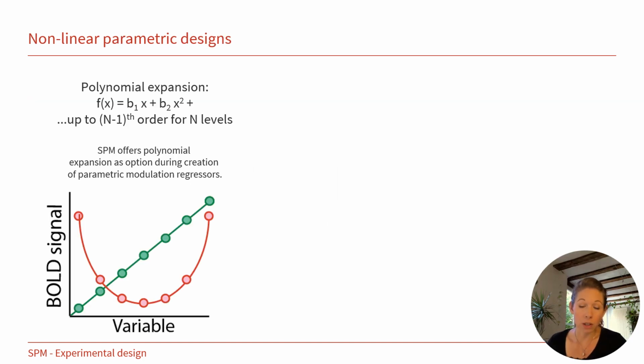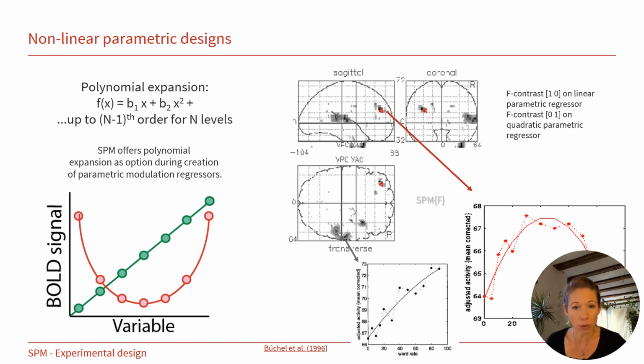So the previous example was a linear relationship. You can also test for nonlinear relationships. These are called polynomial expansions of these associations, and this is implemented in SPM in a very convenient way. So this is an example of a nonlinear effect, in a single patient who had a stroke. Again, this patient was presented words at different rates.